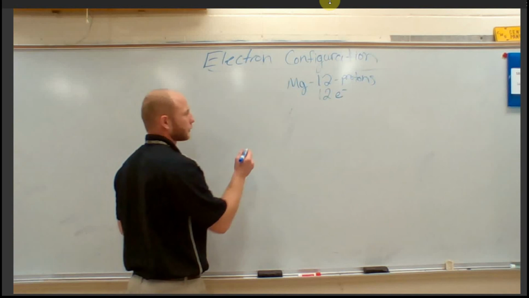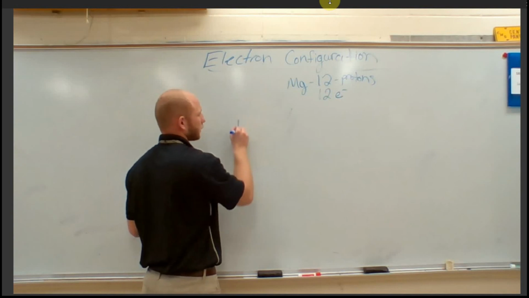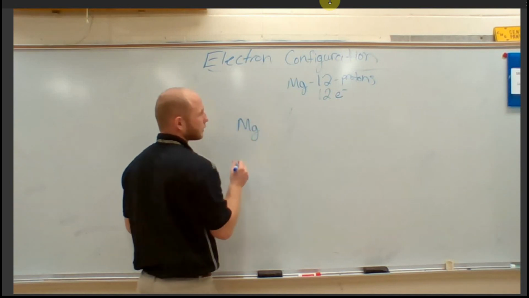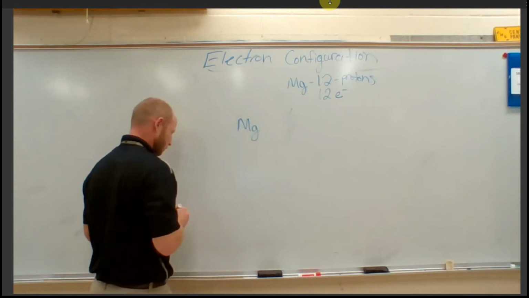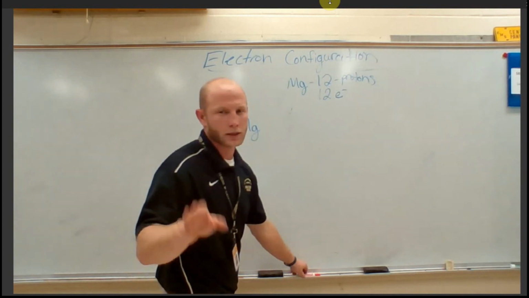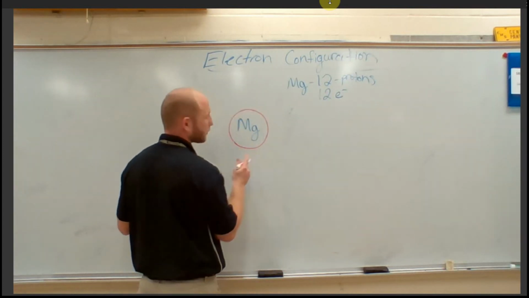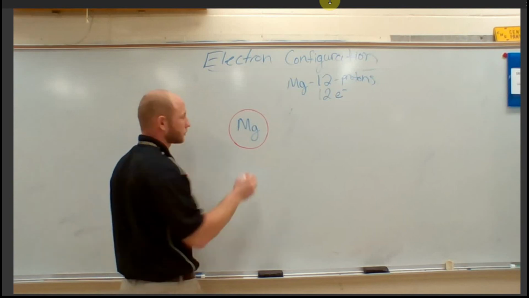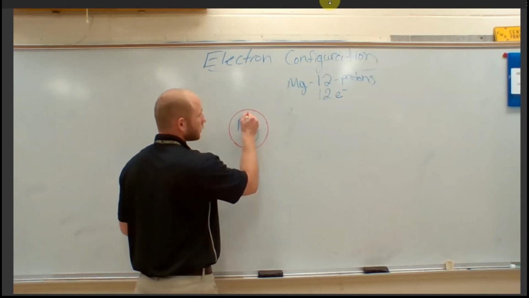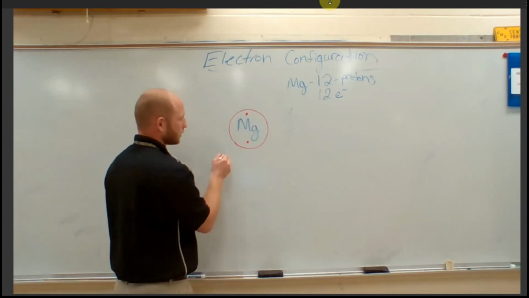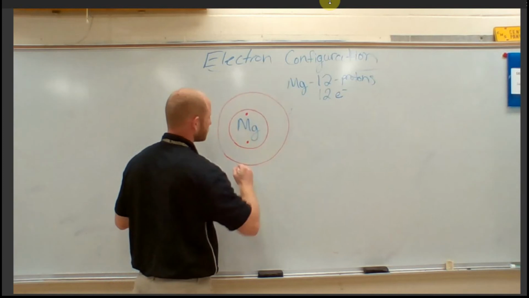So let's go ahead and start filling the electron configuration out. So I need 8 electrons. Or sorry, I need 12 electrons. So my first energy level, I'm going to draw. How many can go into it? I can only put 2 electrons on my first one. 1, 2. Okay, now I need to fill up my second energy level.